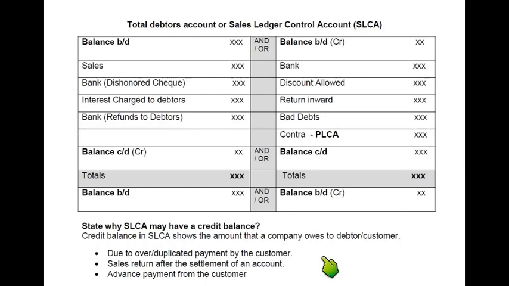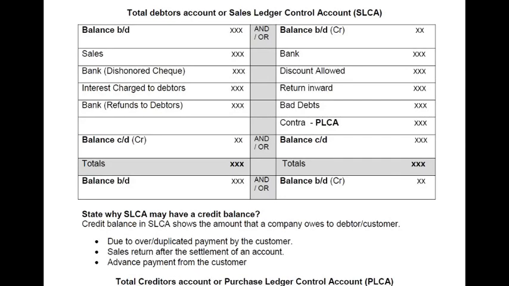Or he or she may have given us a duplicate payment, meaning by mistake he has given us 1000 two times. Now we have to return 1000 to him. Therefore it is known as a minority balance. Secondly, a customer has bought goods from us on credit, then for some reason he has returned the goods to us, but he has already paid the money for these goods.